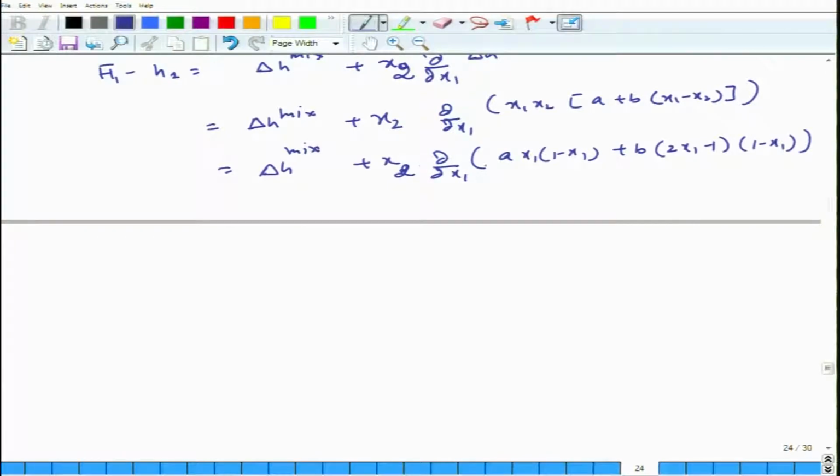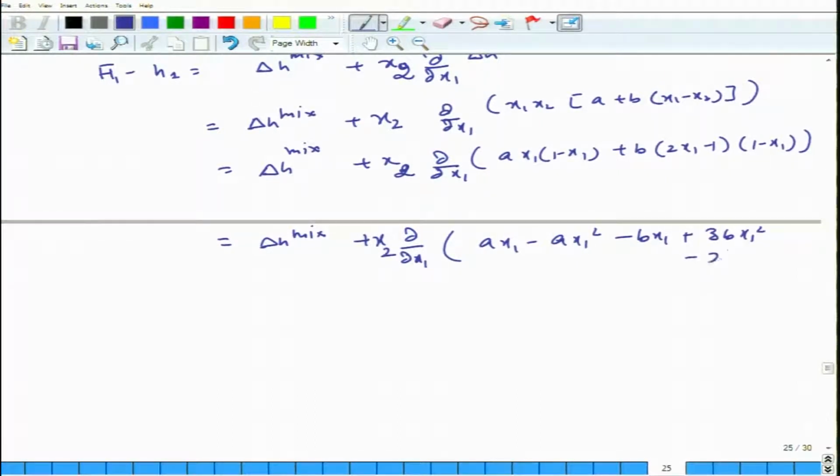All right. So, now if I simplify further, this becomes a x1 minus a x1 squared minus b x1 plus 3b x1 squared minus 2b x1 cubed. Okay.